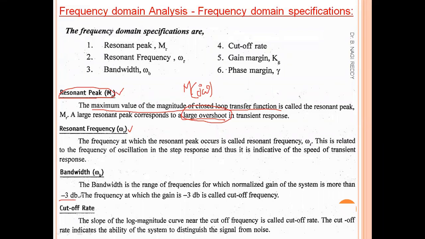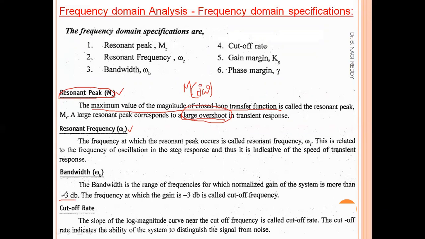The bandwidth is the range of frequencies where the gain is within minus 3 dB, so the range depends upon the minus 3 dB gain.